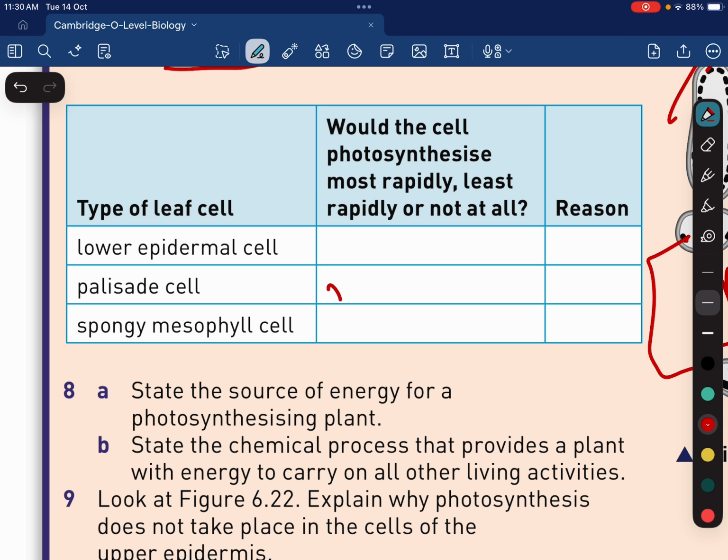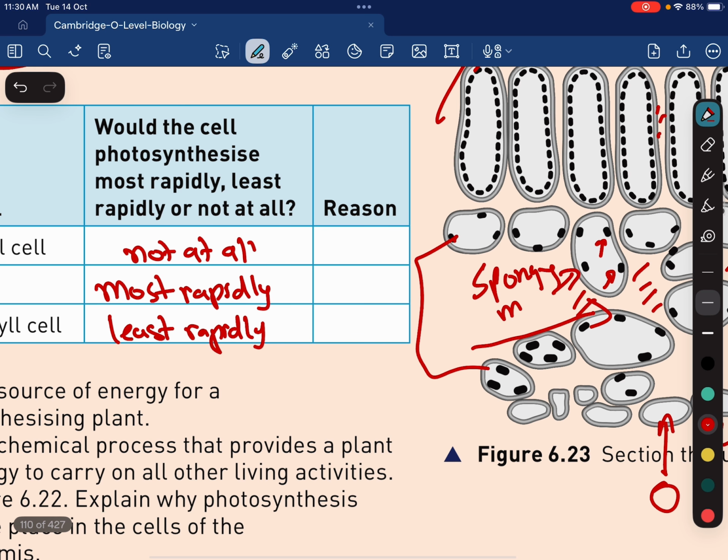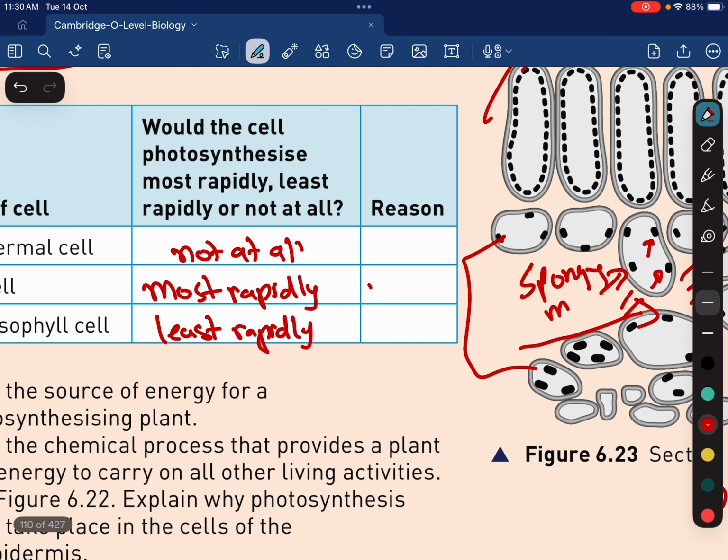Most rapidly is going to be our palisade mesophyll cell, right? The spongy mesophyll cell is going to be the least rapidly, and the one that does not at all is going to be our lower epidermis. And the reason is as simple: this has the most chloroplast, least chloroplast, and no chloroplast, right?